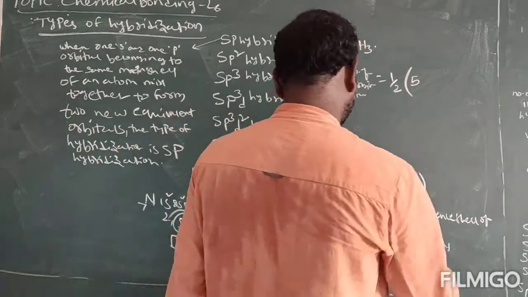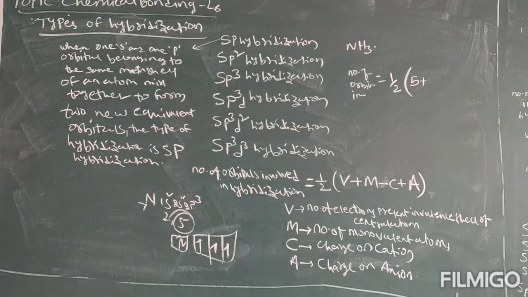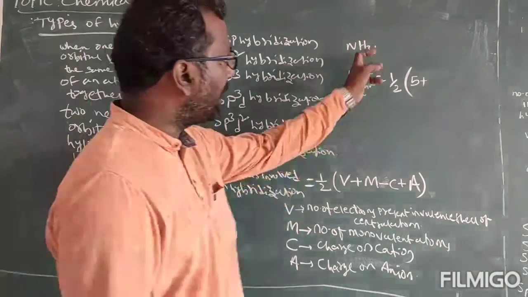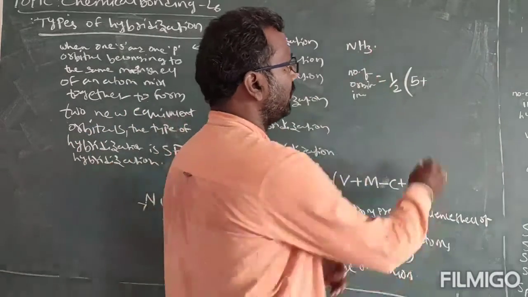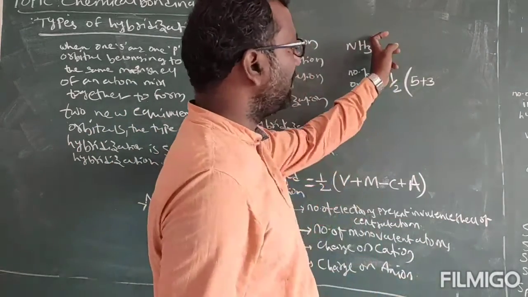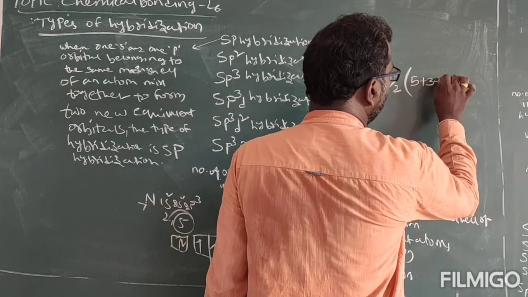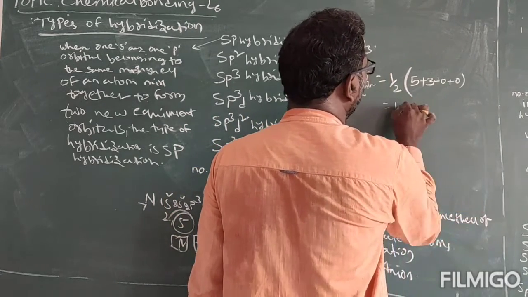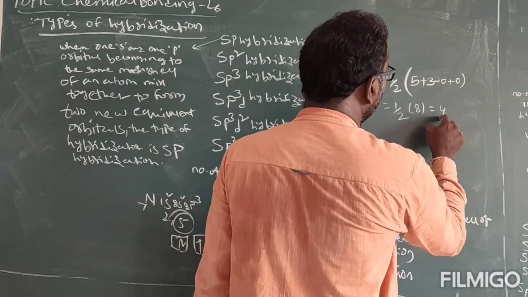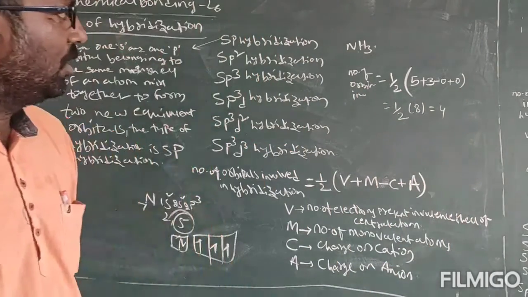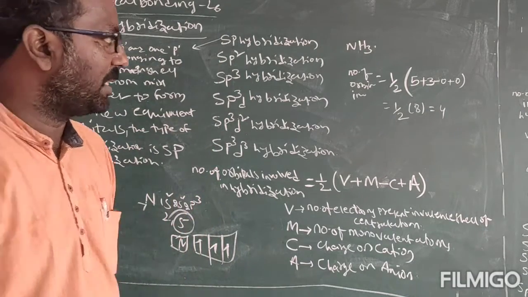Plus monovalent atoms: hydrogens, so 3. Any cations? No. Anions? No. So minus 0 plus 0. Total half into 8, which means 4. So 4 hybrid orbitals are formed.